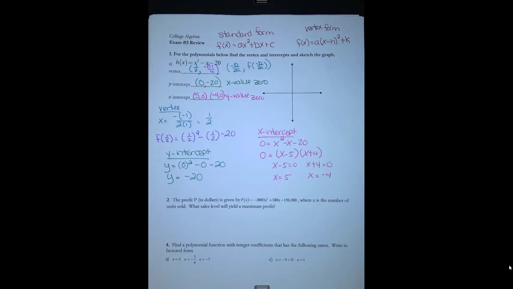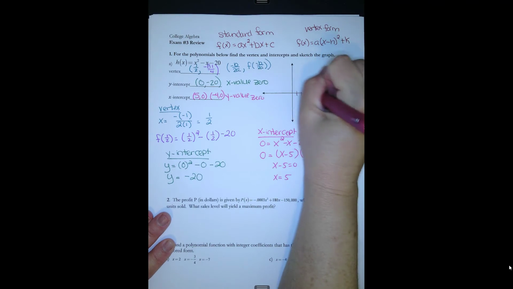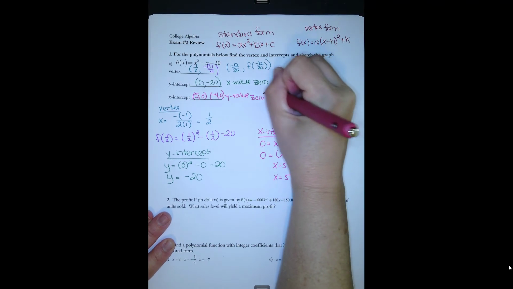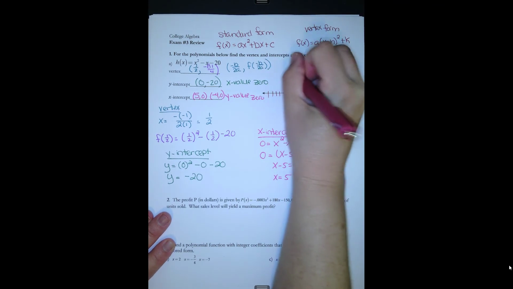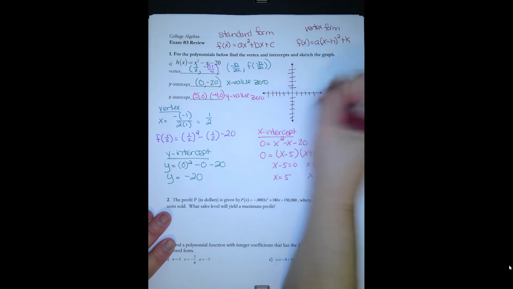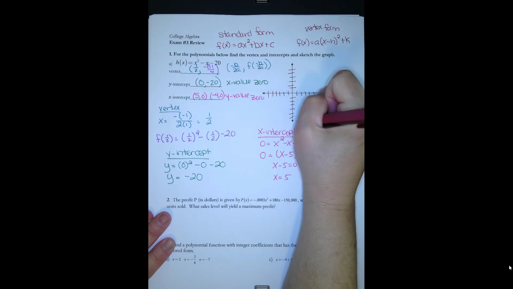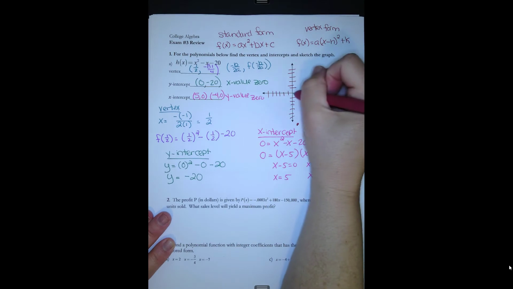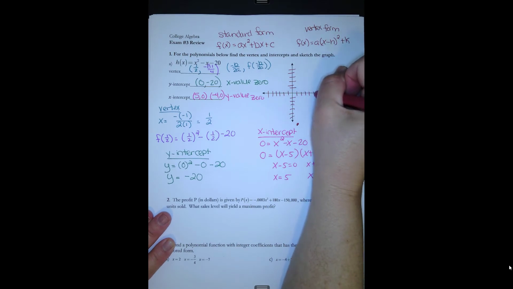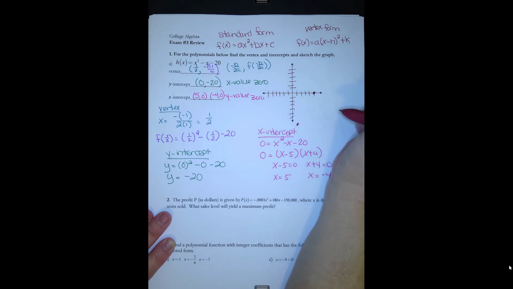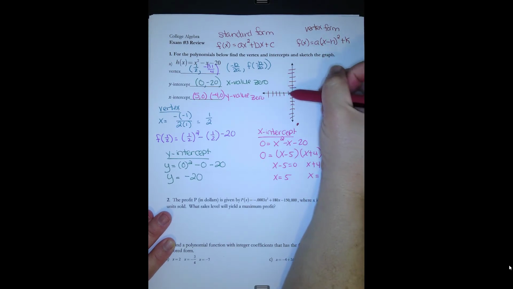And then we would typically go ahead and graph that, but unfortunately these don't graph super nice, so I'll make a rough sketch. We would go one half, and then this would be way down here, 5, 0, and then negative 4.